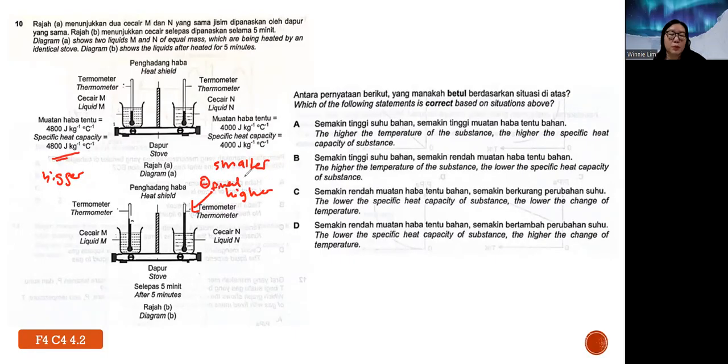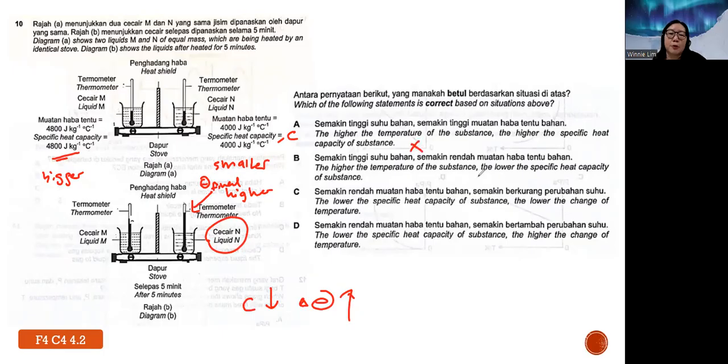So the change for liquid N is bigger, because with a small absorption of the heat being supplied to this liquid, they can increase their temperature faster. So it means that when your specific heat capacity C is smaller, your change in temperature is bigger. So we see which is the correct relationship. The higher the temperature of substance, the higher the specific heat capacity?